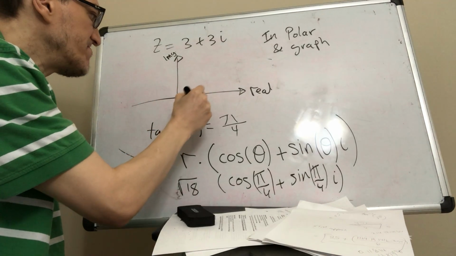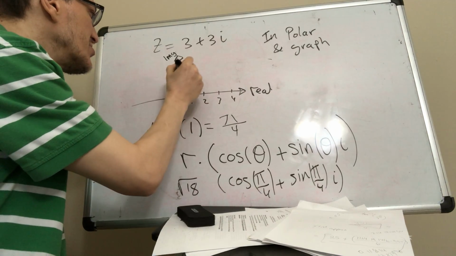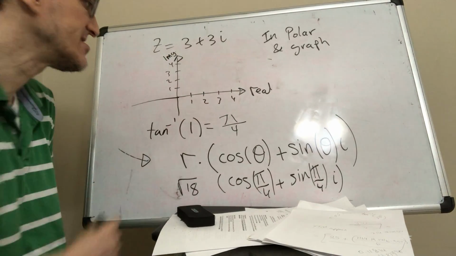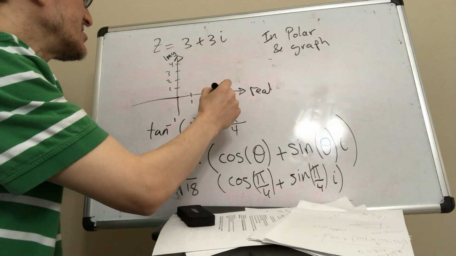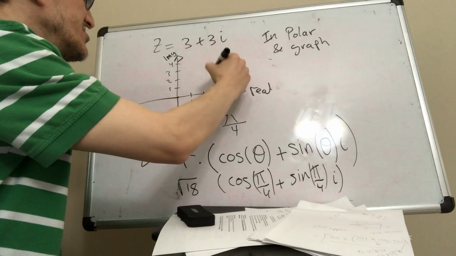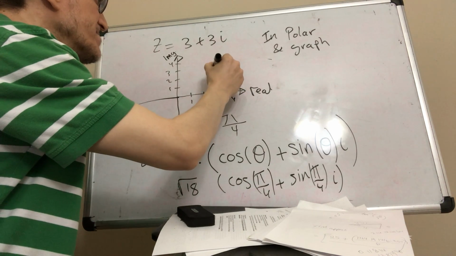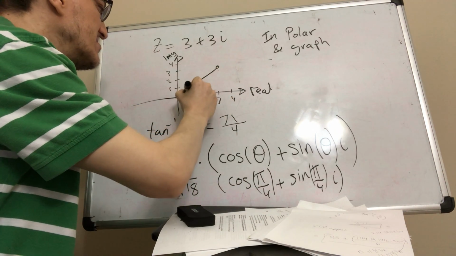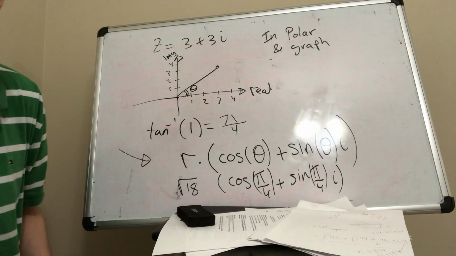So if we say 1, 2, 3, 4, 1, 2, 3, 4, we need the point where real is 3, imaginary is 3. You put a circle, you connect it, and this would be your angle, or the argument.